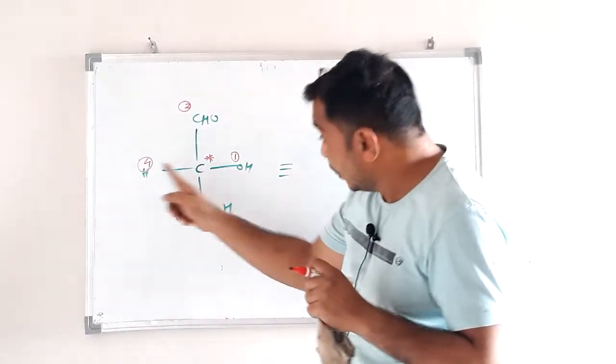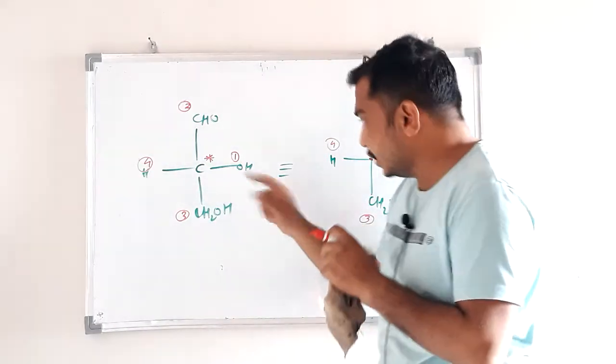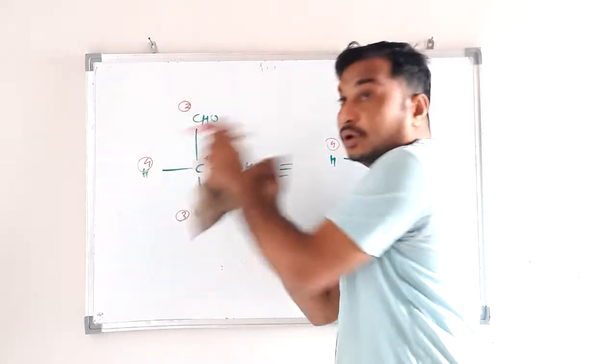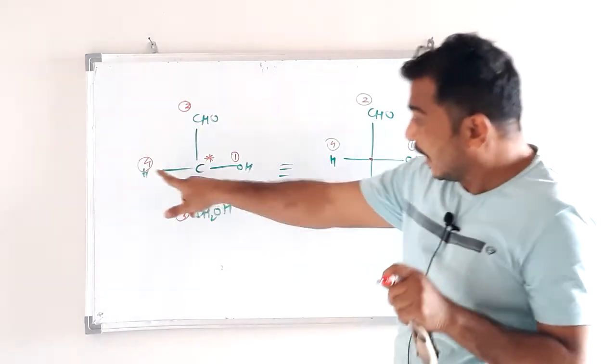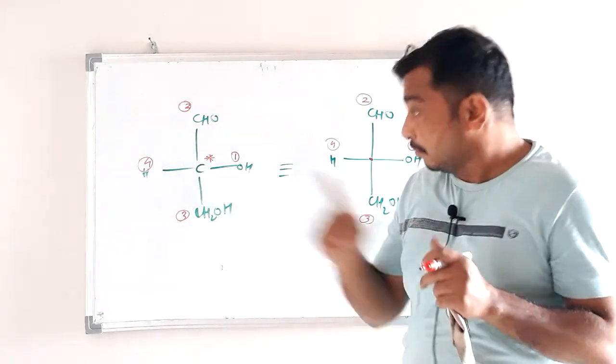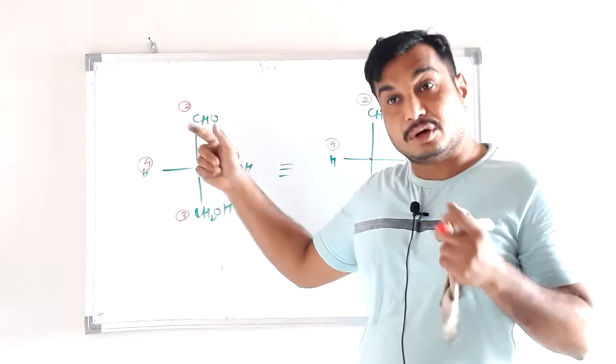It means the hydrogen and the OH group, these two on the horizontal line, are on the front side. So the lowest priority group is also on the front side.